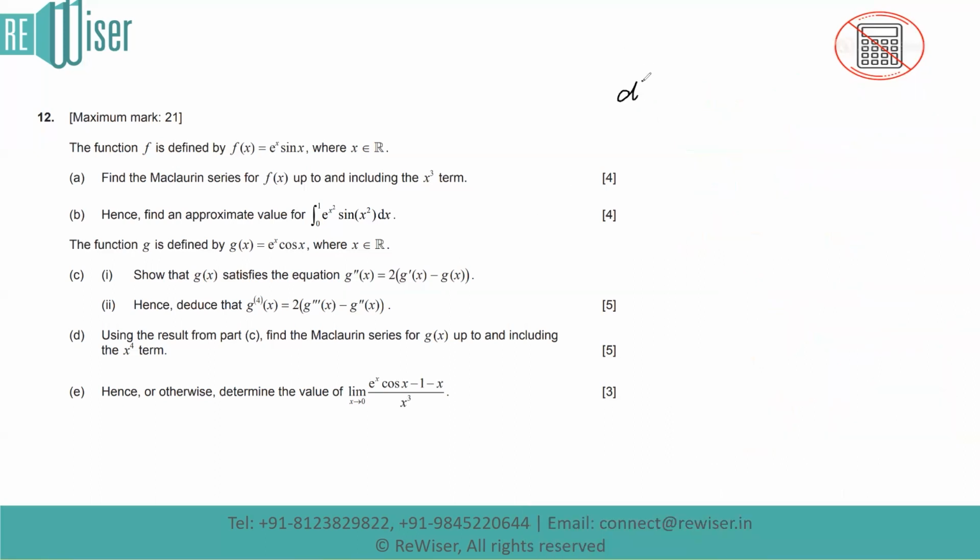Next, for part D, using the results from part C, find the Maclaurin series for g of x.